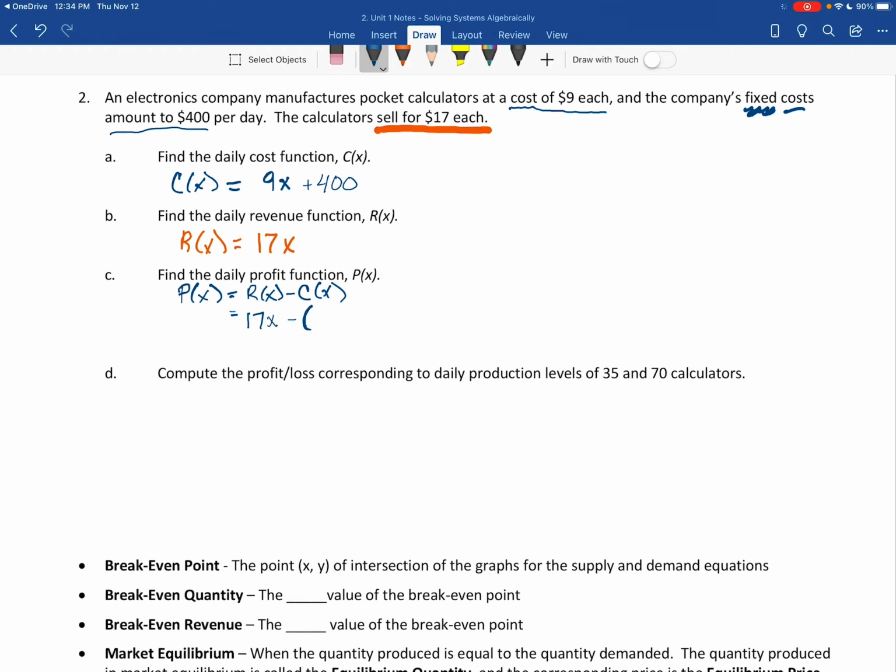And right here, you have to be very, very careful. Put your cost function in parentheses when you go to do this subtraction. So minus the entire 9x plus 400 statement there. Because what you have to end up doing is subtracting everything that's in there. So you have to distribute.